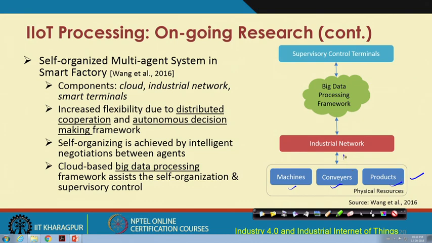Through the industrial network the data are going to be coming for centralized processing. These data are typically of the nature of big data, and this big data processing is going to be performed, and based on that supervisory control of the different terminals is going to be performed.